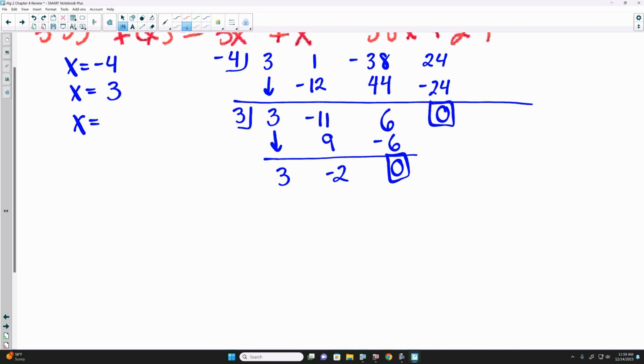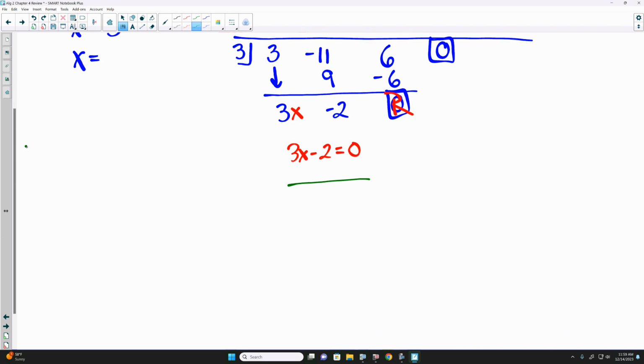At this point, we'll fill the variables back in. Our 0 in the box is the remainder. Our negative 2 is our constant. 3 is our term with x. So the equation we have left to solve for x is 3x minus 2 is equal to 0. Since we don't have any exponents left, all we got to do is get x by itself.